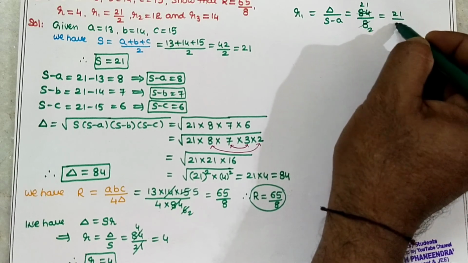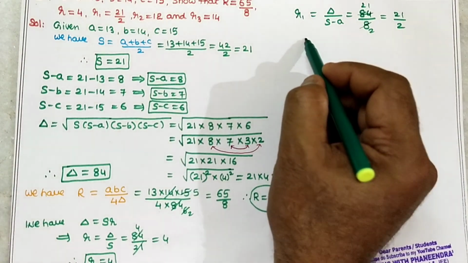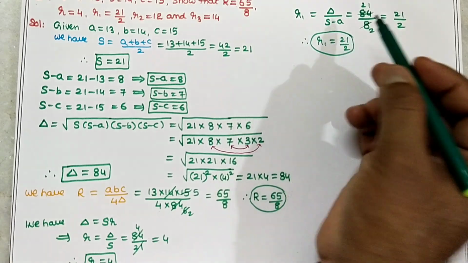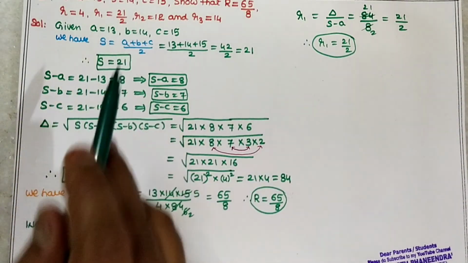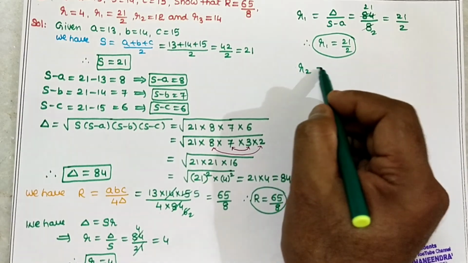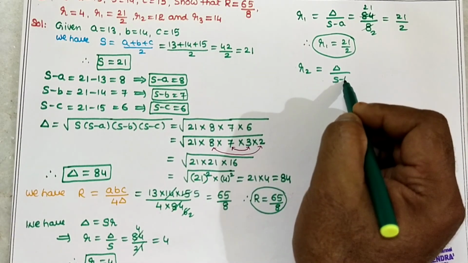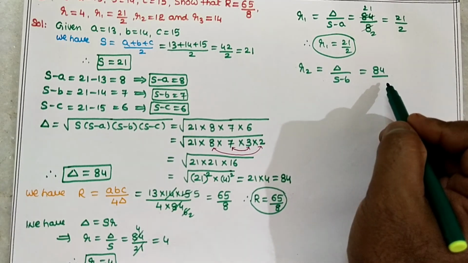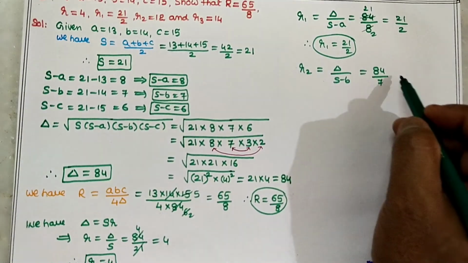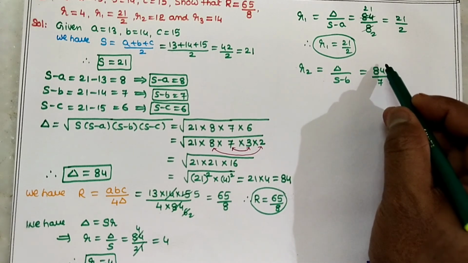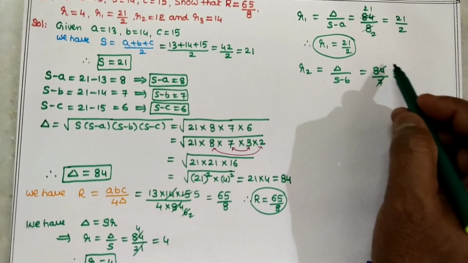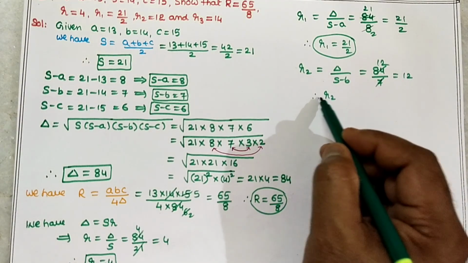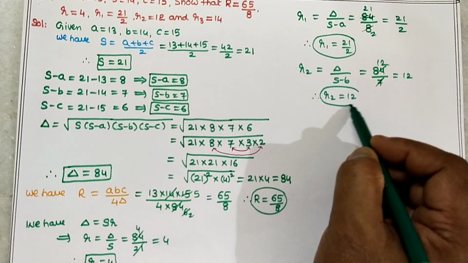So 21 by 2. Therefore, the value of r1 is equal to 21 by 2. They are asking to prove 21 by 2, we got it. Next, r2 is equal to delta by s minus b, that is equal to 84 divided by s minus b value, which is 7. So directly 7 ones are 7, 12s are, 7 table 12 times. So r2 value is equal to 12.